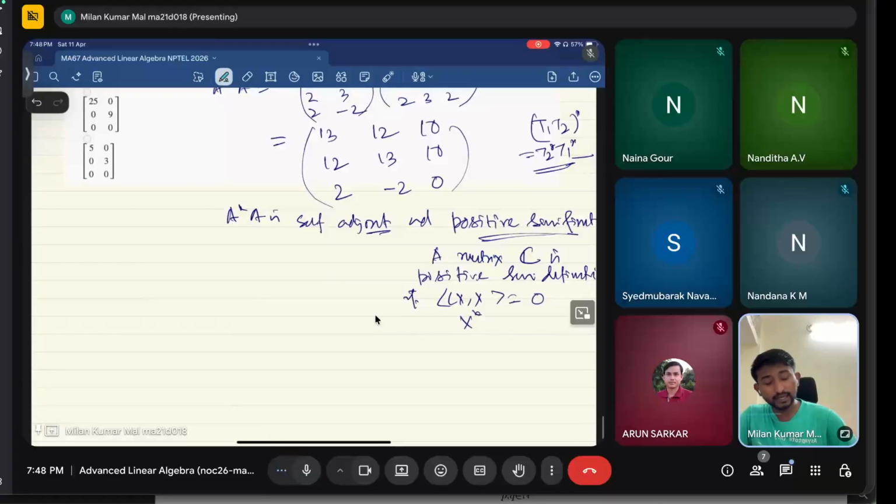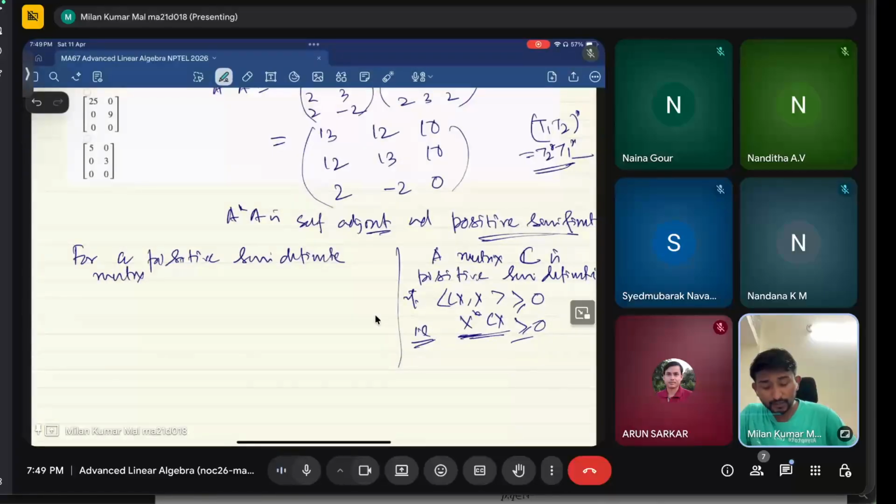That means x star Cx as a matrix, where x star is the conjugate transpose, is greater than or equal to 0. This is positive semi-definite. And for a positive semi-definite matrix, the eigenvalues are non-negative real numbers.